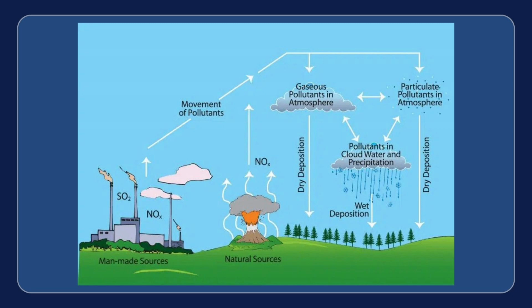So makita niyo yung arrow dito nagpo-point na pababa sa forest tsaka lakes. So yung dry deposition naman guys is ito naman, minsan it doesn't even need to rain. So yung acidic particles at saka gases nito can simply stick to the ground, buildings and trees during dry weather. So, yun lang guys for acid rain.